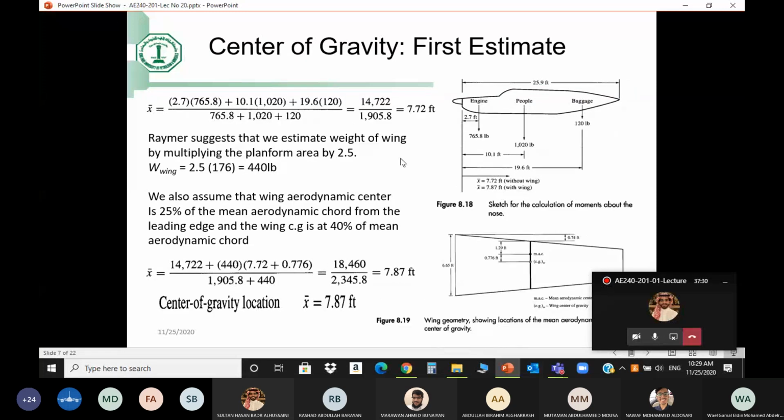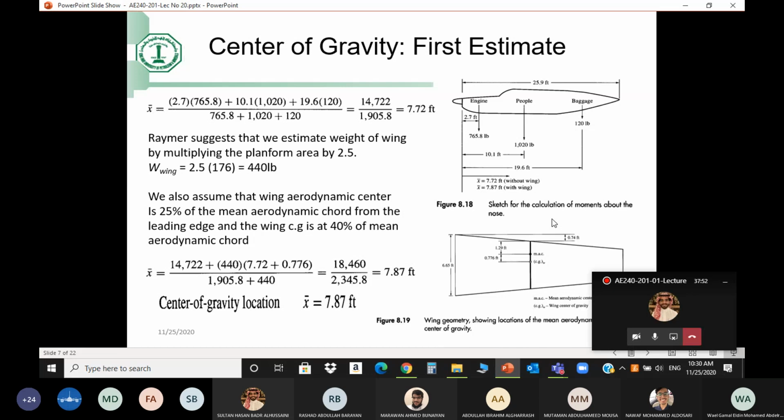So for now, we will calculate the location of the CG without regard of the tail and the landing gear. Because once we calculate that CG location, I will be able to design the tail and the landing gear, and then I will include them in a new CG calculation, and then I will check their areas and so on. That's why it's a cycle.